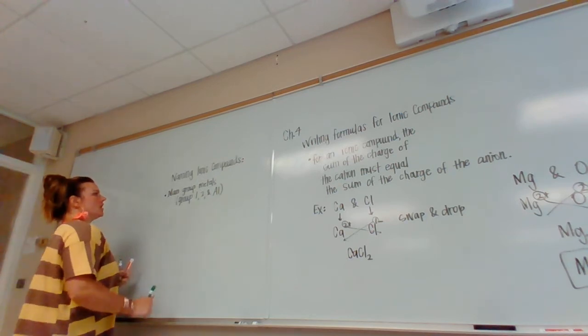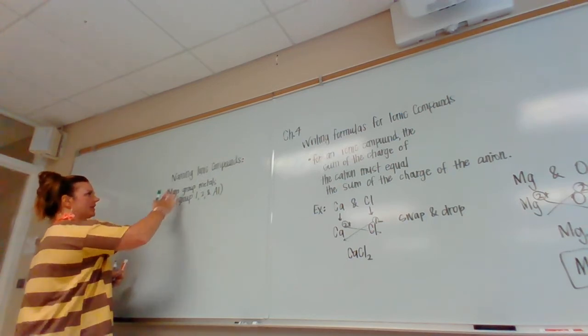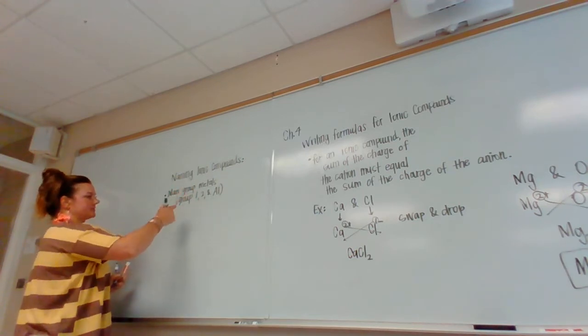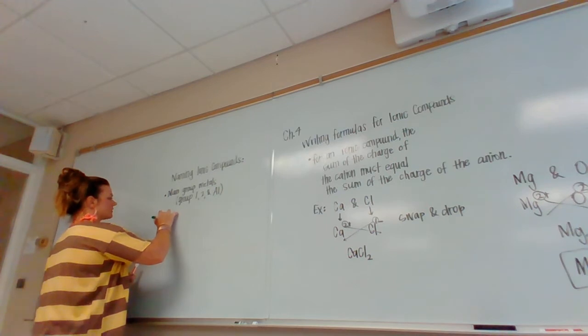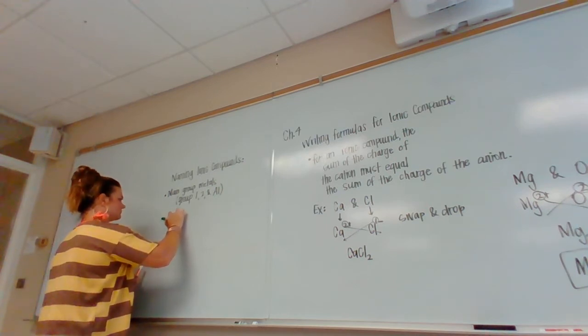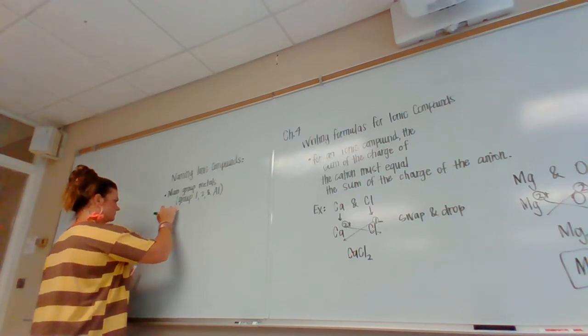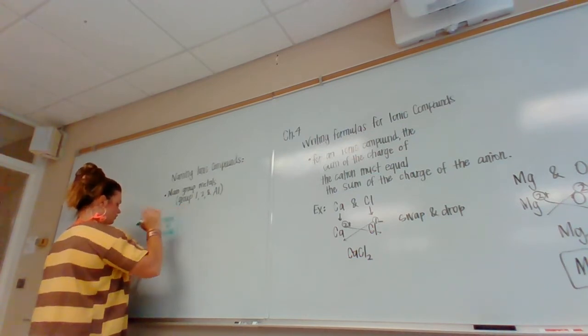Alright, naming ionic compounds with main group metals is the easiest naming system. There's two parts.